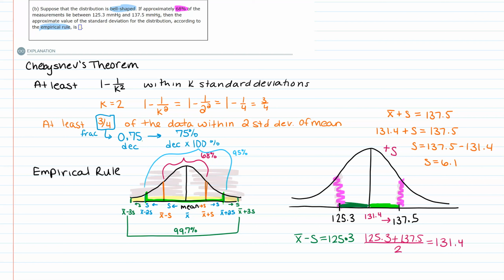And what we decided was x bar was 131.4, and we think s is 6.1. So we do that subtraction in your calculator, and you do, in fact, get 125.3. So what does that mean? That means that these two were within 1 standard deviation of the mean, and the standard deviation was 6.1.